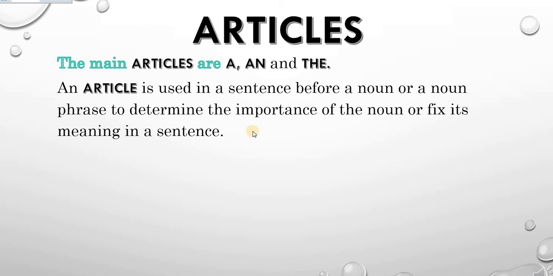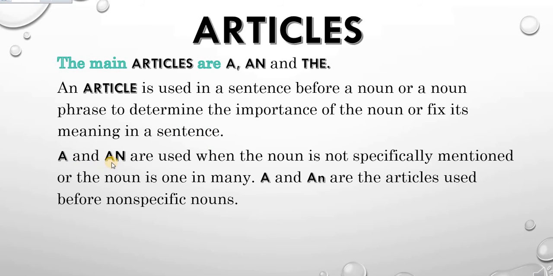An article is used in a sentence before a noun or noun phrase to determine the importance of the noun or fix its meaning in a sentence. A and an are used when the noun is not specifically mentioned or the noun is one in many.